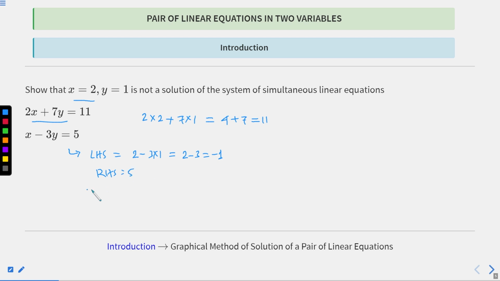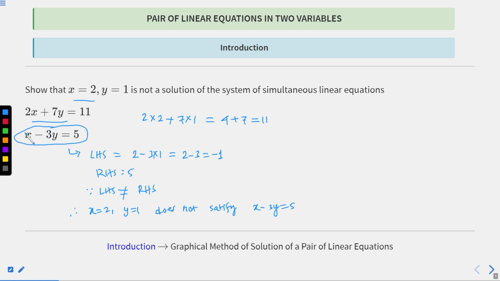Therefore x equal to 2 and y equal to 1 does not satisfy the equation x minus 3y is equal to 5. So you see, x equal to 2 and y equal to 1 does not satisfy the second equation.